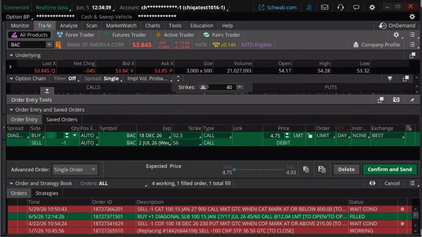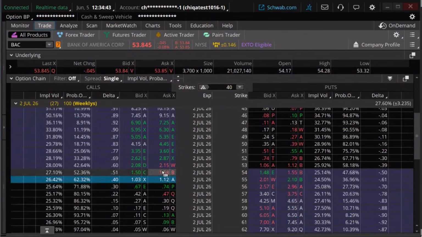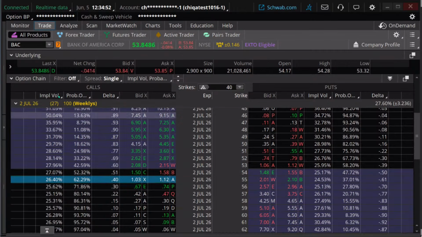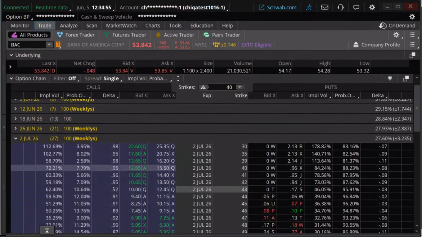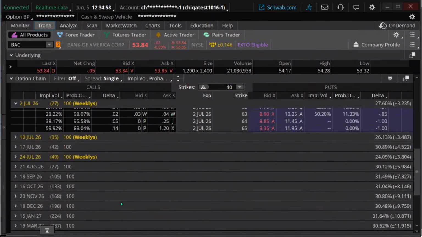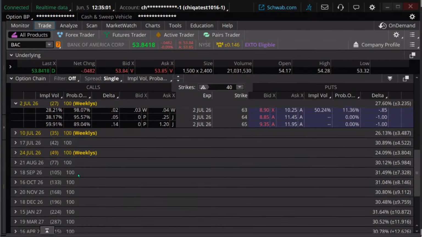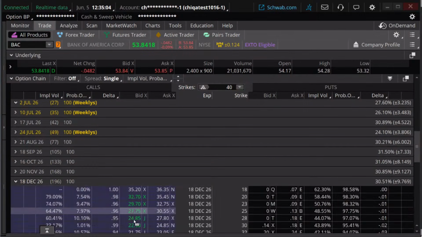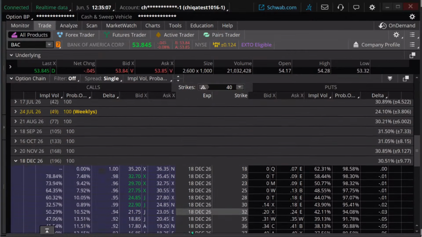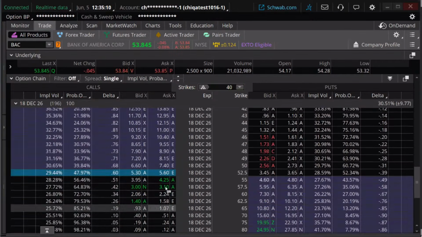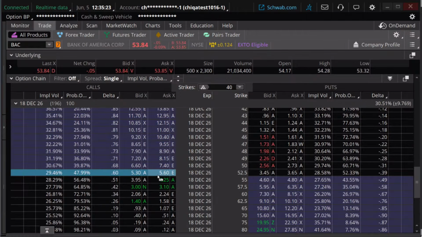In terms of percentages, the 56, which I'll say 75 cents, 74 cents, divided by our long contract, which was December 52.50, say 5.50, equals about 13%.